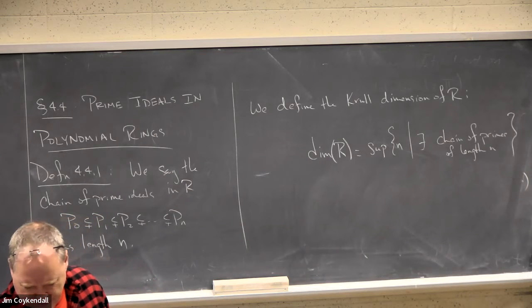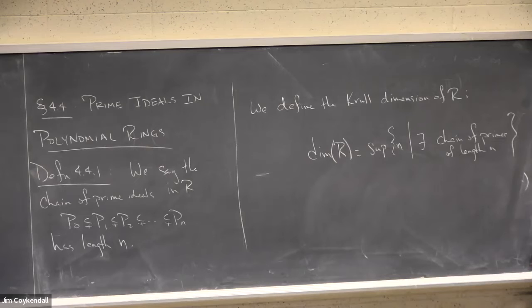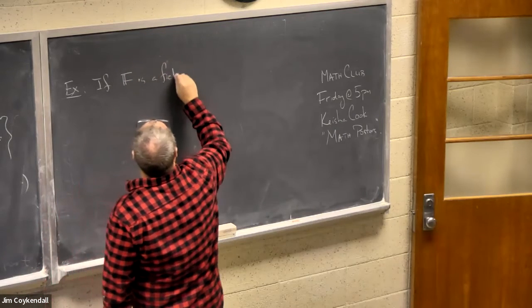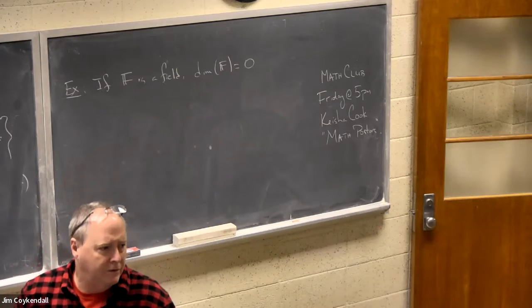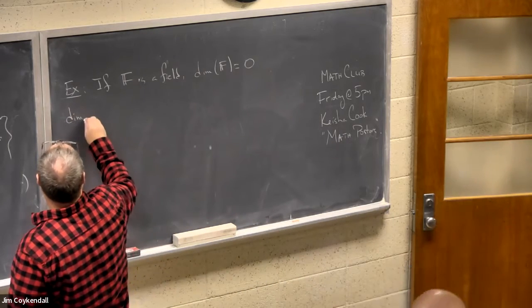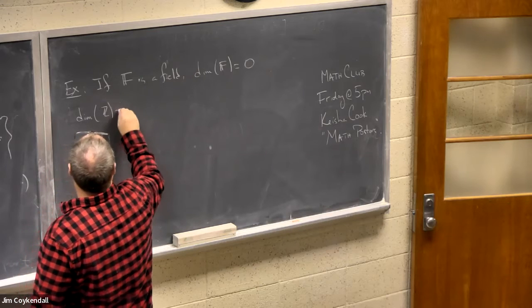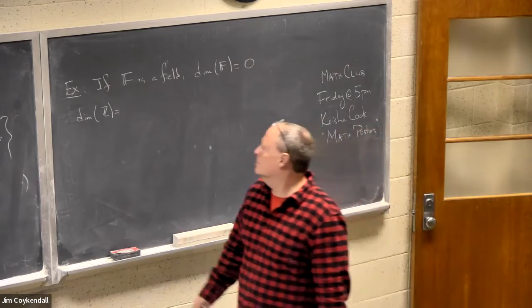So let me look at some examples here. If it's a field, it has dimension 0. The dimension of Z is equal to one.